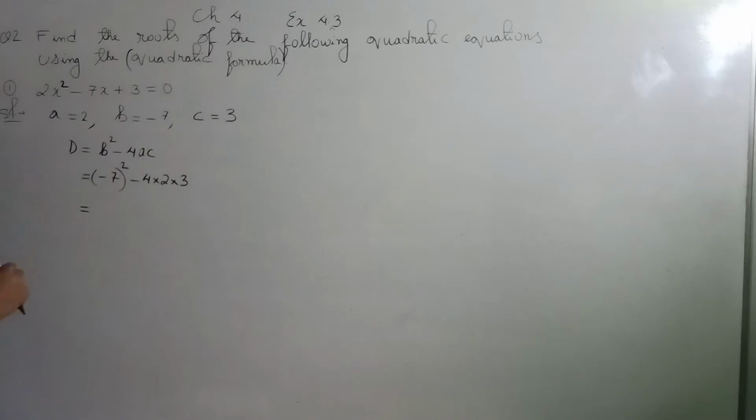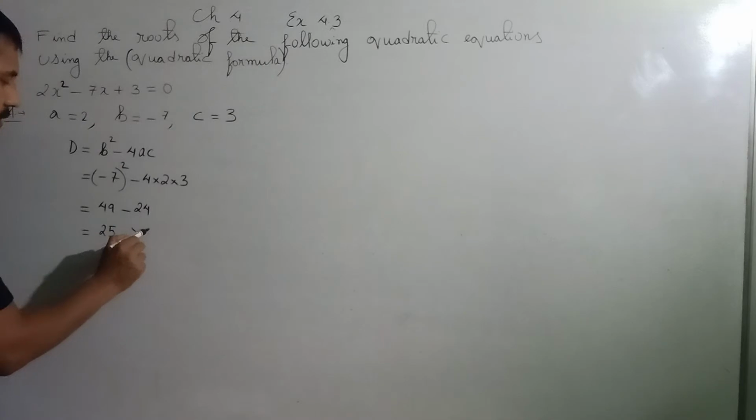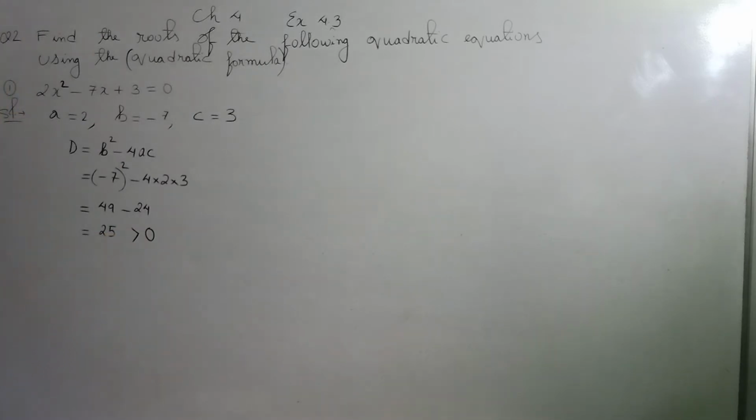Minus 7 squared is positive, 7 squared gives you 49. Minus 4 times 2 is 8, 8 times 3 is 24. 49 minus 24 is 25. So the value of discriminant is 25. It's a positive quantity which is greater than 0. So we can find out the real roots of your given quadratic equation.